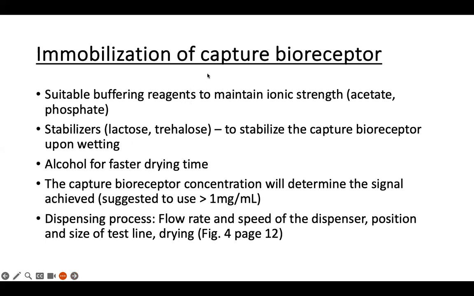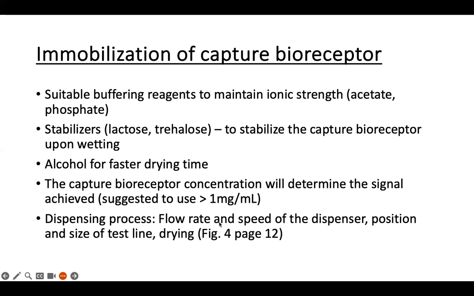So how do you immobilize the capture bioreceptor on the test line? Using suitable buffering reagents, stabilizers, alcohol. This one you can ask tomorrow. The capture bioreceptor for the non-competitive has to be 1 milligram per mil.